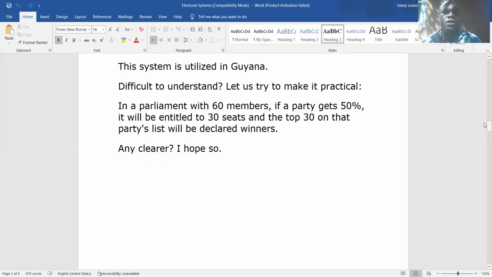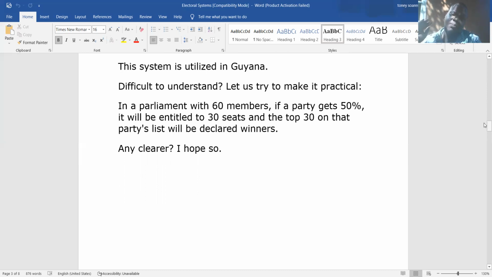For example, in a parliament with 60 members, there are 60 members who sit in parliament. If a party gets 50% of the seats, then 50% of 60 is 30. So they will be entitled to 30 seats out of the 60, and the top 30 on the party's list will be declared the winners.